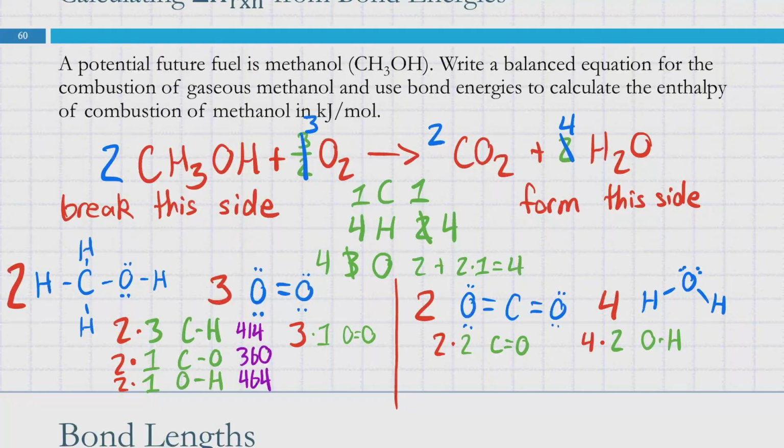And our O2 in the middle of the middle column, 498. And on our product side, our carbon double bonded to oxygen is 799. There's an asterisk below the far left column for that one. And for our OH, again, it's 464.